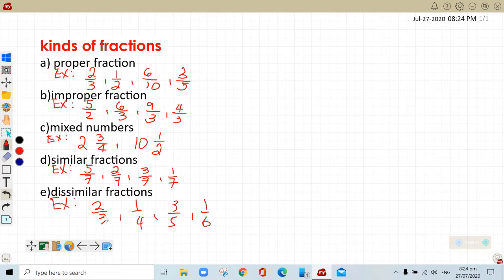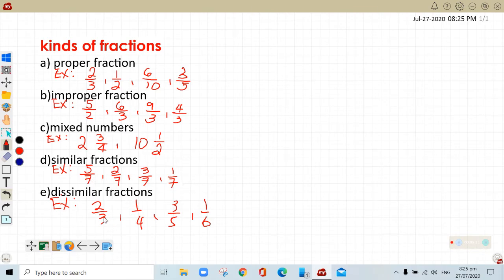So these fractions have different denominators because the denominator of 2/3 here is 3, 1/4 is 4, 3/5 is 5, and 1/6 is 6. So these fractions are called dissimilar fractions. Okay? So that's the difference between similar fractions and dissimilar fractions.